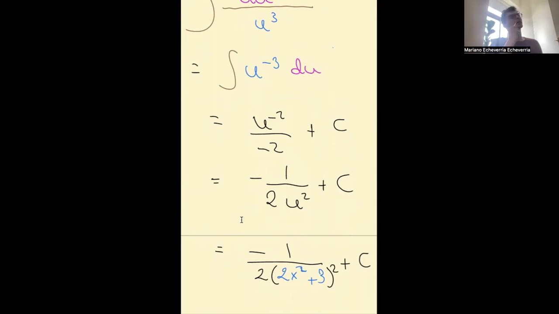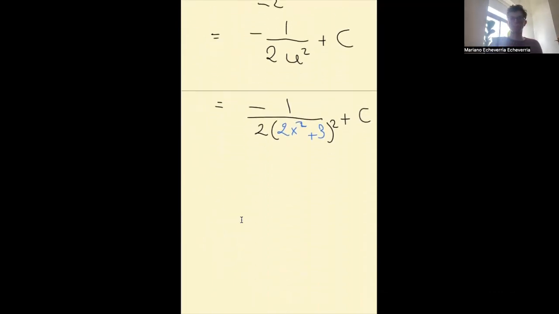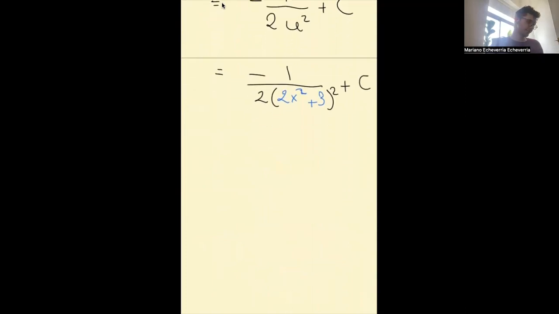Okay, let's think about this one. This is a similar one, but it's a little bit more complicated. So here's another one. And this is probably the last one I'll try to do for now about the substitution method. So here's another one.